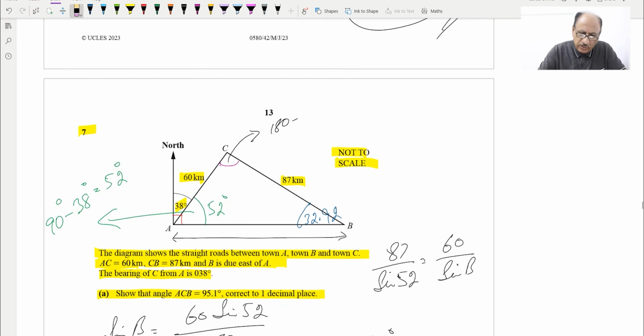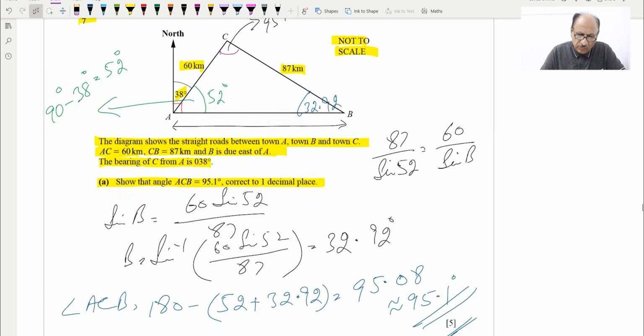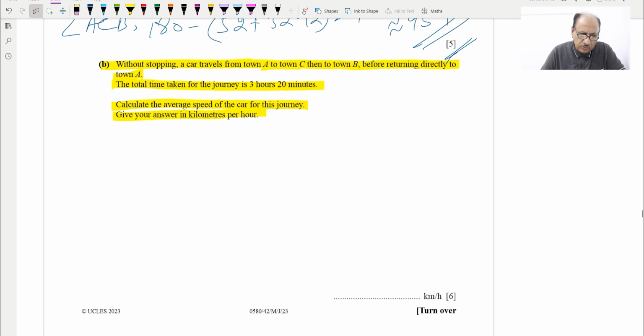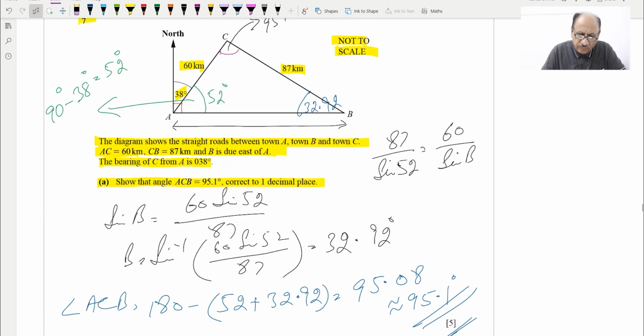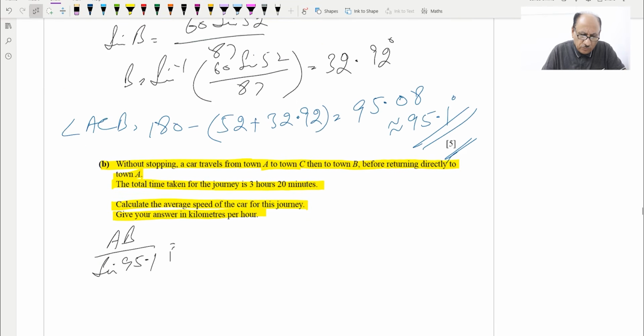So we can write this as 95.1 degrees, and now we can apply the sine rule. So AB over sine of 95.1 is equal to the other side, which is 87 over sine of 52.